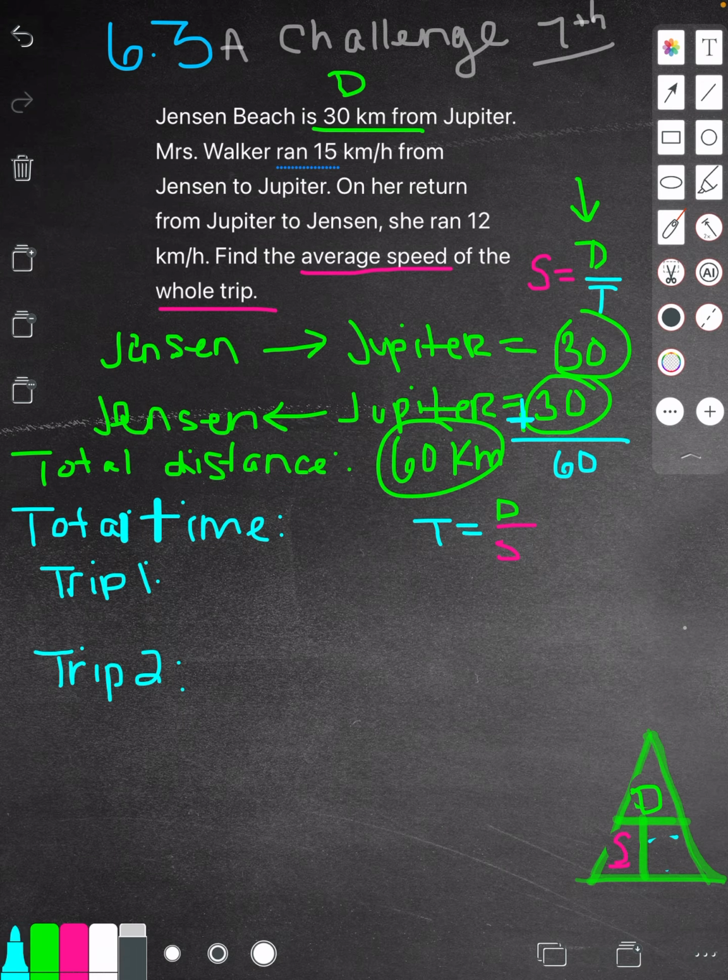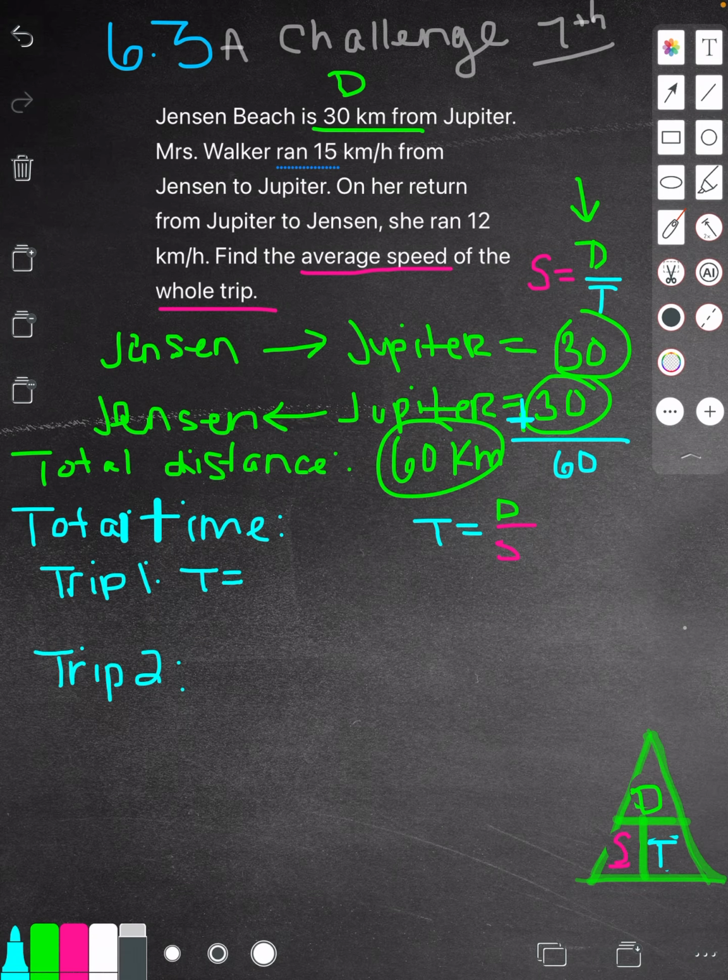All right. So let's go ahead and try to set that up. For trip 1, we are looking for the time that it has taken Miss Walker to go from Jensen to Jupiter. So, time from Jensen to Jupiter. Let's go back to the problem and look.